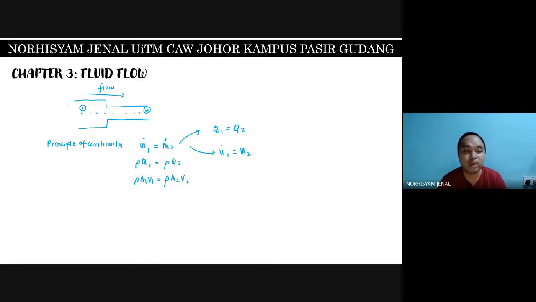So whatever we have at point 1 should travel to point 2. Flowing from one point to another, we might have a different velocity at point 1 and point 2, but the total mass flow rate and volume flow rate should be the same.